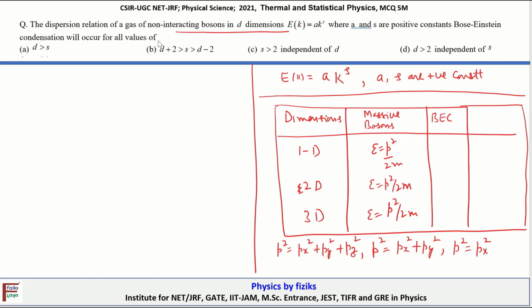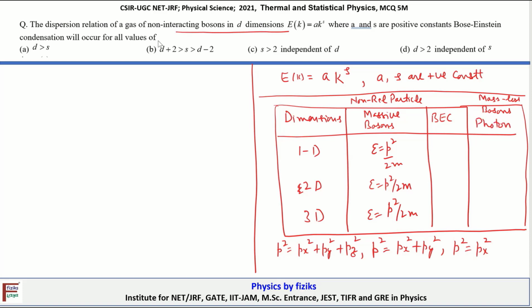Massive boson means it's a non-relativistic particle. And here I will write results in the next last column: massless boson. Massless means it's a photon basically, for example photon.